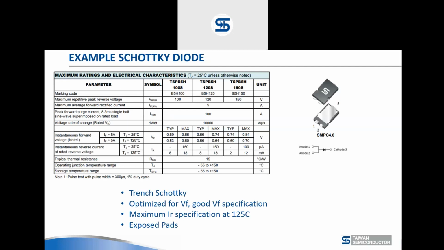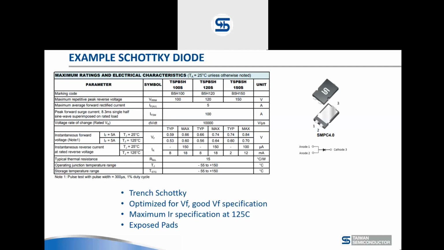But as you can see here, the VF of these products is actually fairly good. The 100 volt part has 0.66 volts, so that's 660 millivolts at room temperature, 5 amp, which is a fairly good spec. There is, of course, a trade-off: in this case, we made the leakage current a little bit higher with the barrier material.